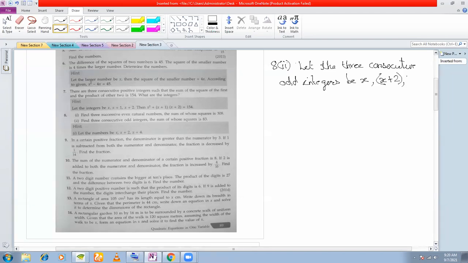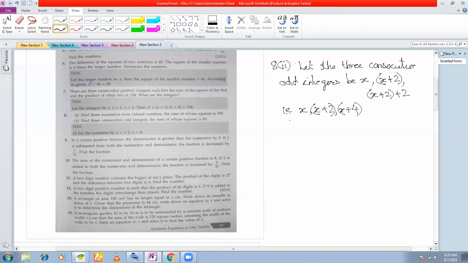Because odd numbers differ by 2. And the third number has to be x plus 4. That is, you get x, x plus 2, and x plus 4. Okay, these three are the odd numbers that we have taken.